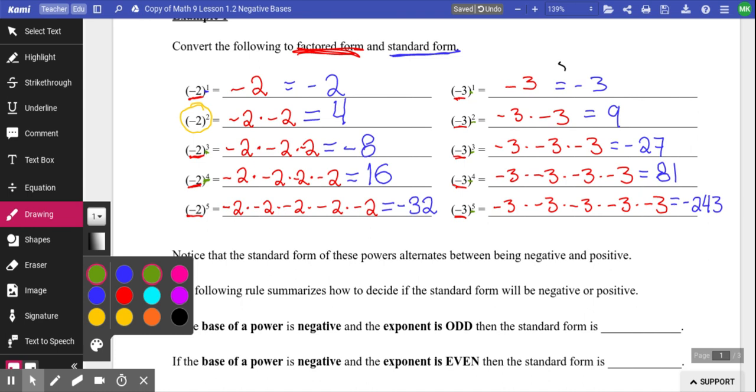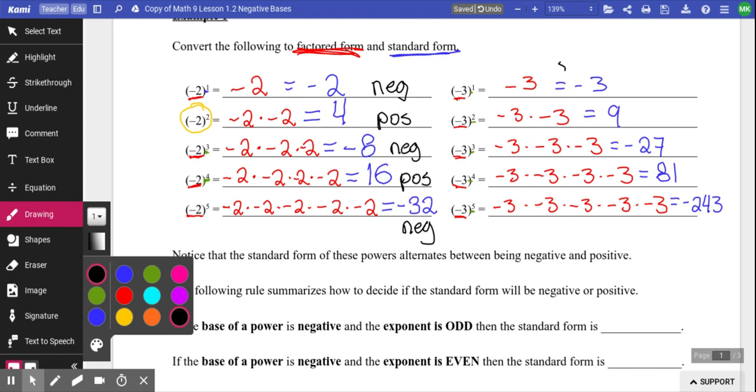Looking at these answers, what we're going to try to do is notice a bit of a trend here. The trend is that your answers keep going from negative to positive to negative to positive to negative. If you look at your answers, they keep rotating. The first one was negative, then we calculated our standard form, we got +4.